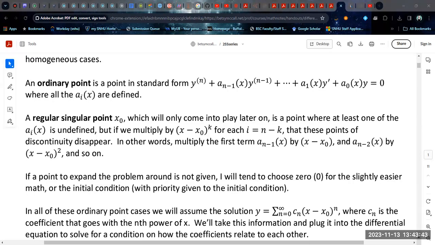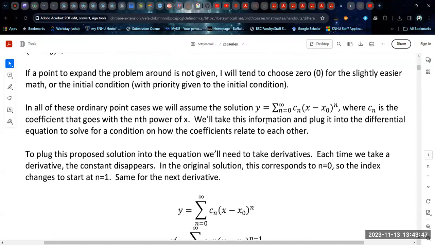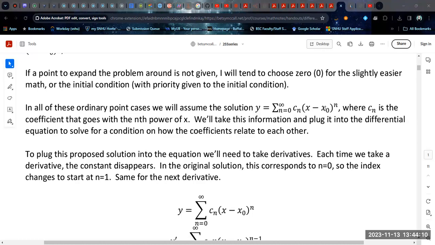All right, so the first thing to keep in mind is that our general solution for our ODE is going to take the form of a power series. So we have a coefficient that is going to depend on the nth term, 0, 1, 2, 3, and we're going to have a simple power series x minus the center.